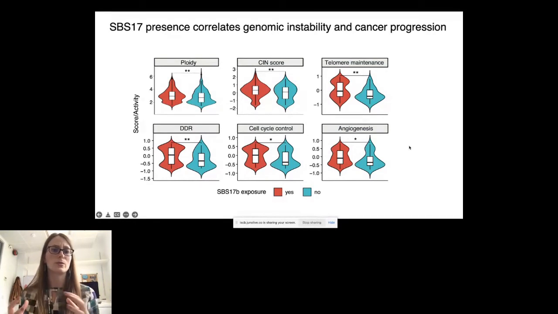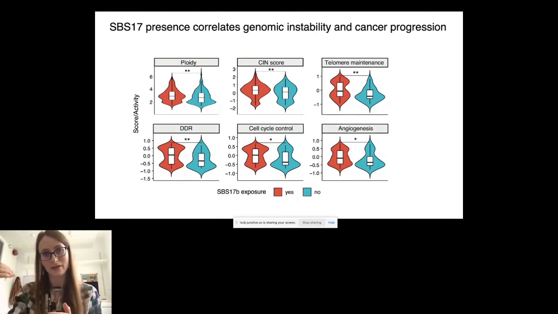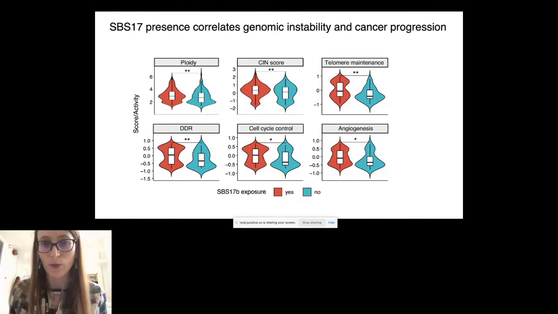So it does look like these tumors are much more altered, much more unstable in relation to this process. This suggests that these tumors might be more successful in progressing later on, but then there's this evolutionary bottleneck that is happening, and it might slow down this progression at some point.